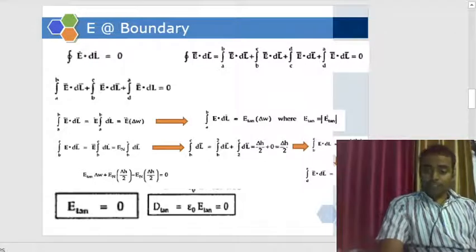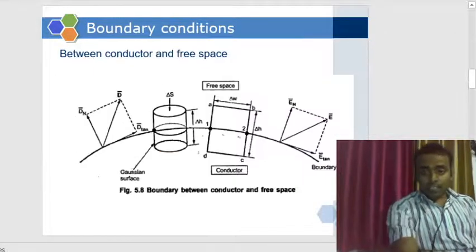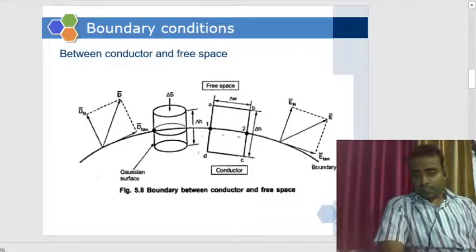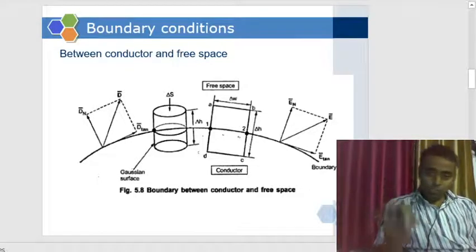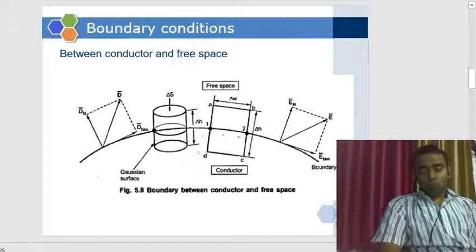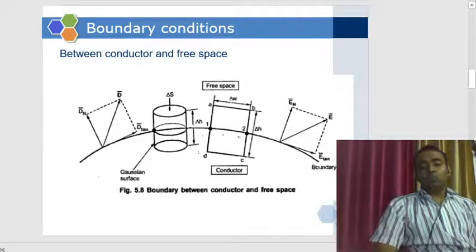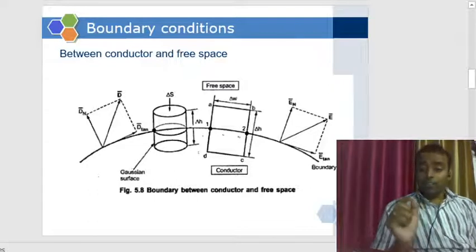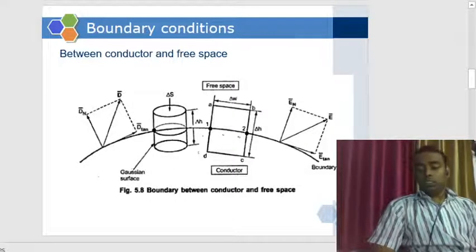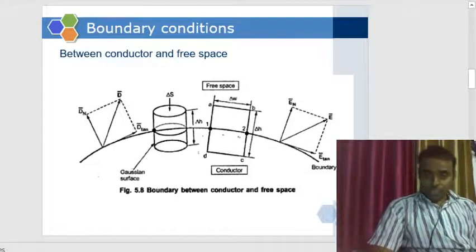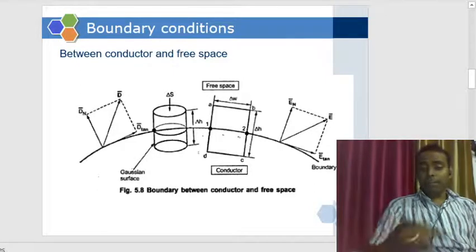That means the total E from this diagram, from A to A, that is A to B, B to C, C to D, D to A. So we'll be using the line integral of E dot dl equal to 0 for different line integrals: A to B, then B to 2, 2 to C, C to D, D to 1 and 1 to A. Okay, complete line integral.